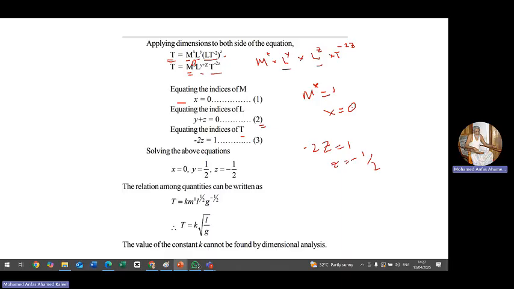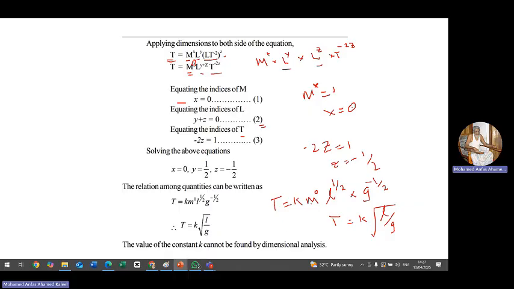So the relation among the quantities can be written as T is equal to K, a constant, M to the power 0, L to the power half, and G to the power minus half. So we can write T is equal to K into the square root of L over G.